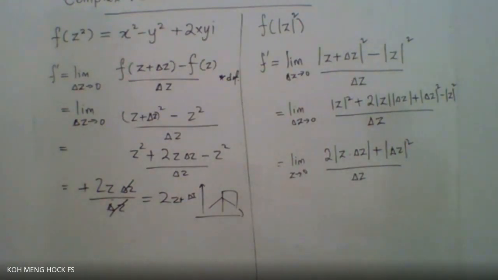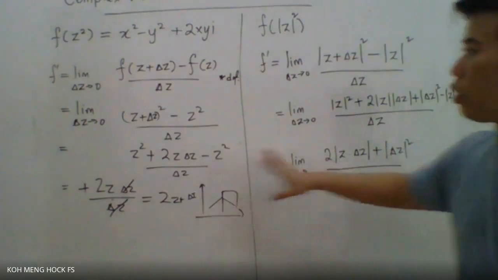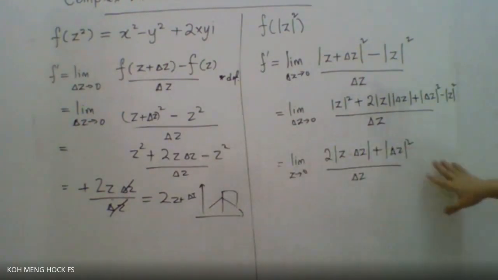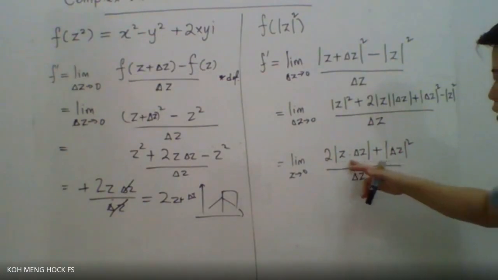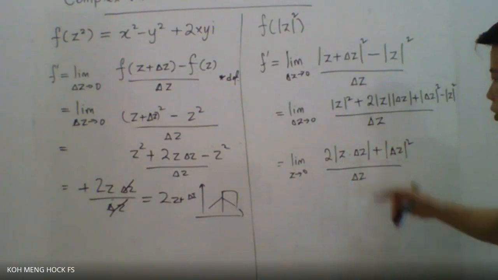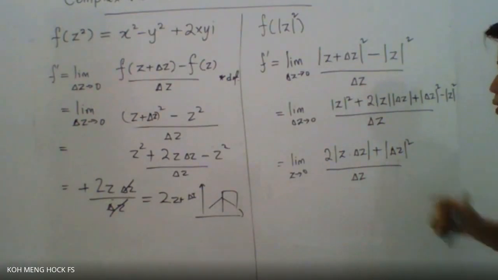In this case, you will see that now you have a kind of a similar equation to the left hand side, but in this case, this is a real number. This is a real number.